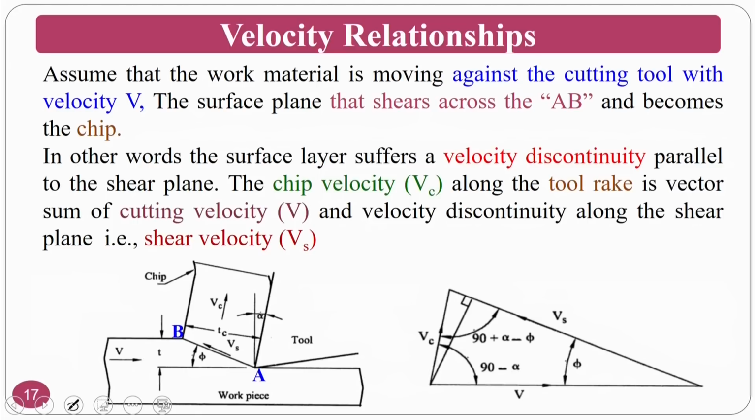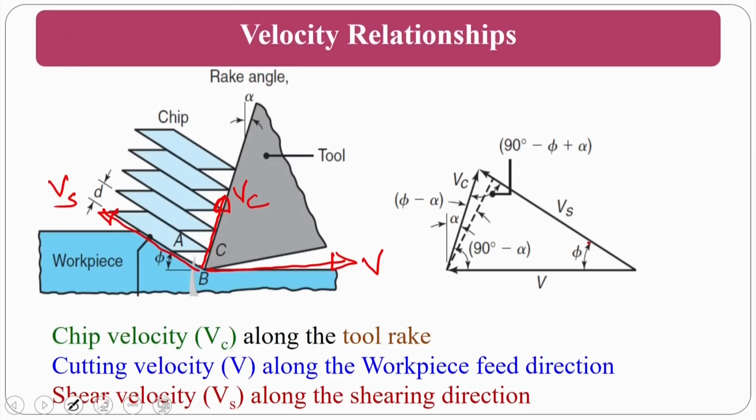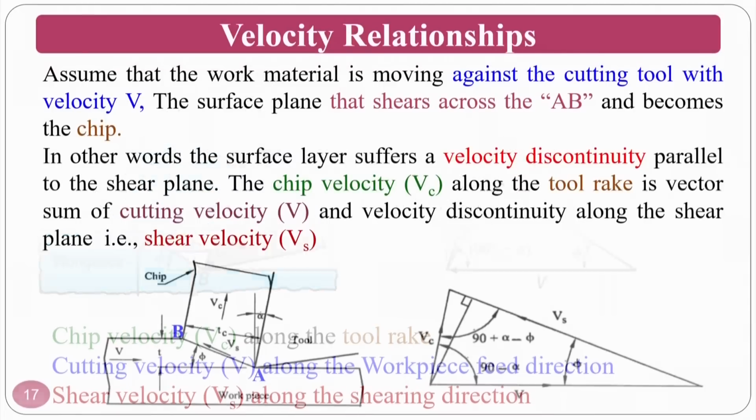This is the shearing plane, which is the Vs. As I already said, there is chip velocity, cutting velocity and shear velocity. The chip velocity along the tool rake is the vector sum of the cutting velocity and the velocity discontinuity along the shear plane. Velocity discontinuity means that whenever there are discontinuous chips, that is what they are specifying.